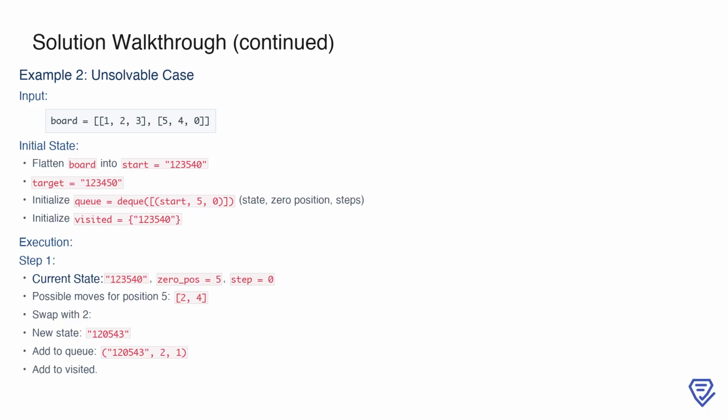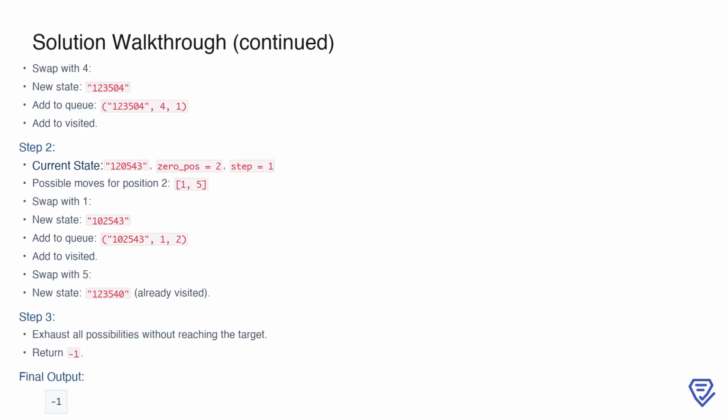Swapping the 0 with position 2 gives the state 120543, which we add to the queue as (120543, 2, 1) and mark as visited. Similarly, swapping the 0 with position 4 results in the state 123504, which we add to the queue as (123504, 4, 1) and mark as visited. In step 2, we process the state 120543, where the 0 is at position 2 and the step count is 1.